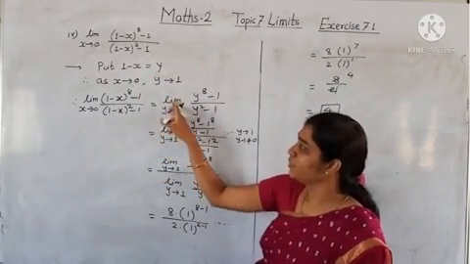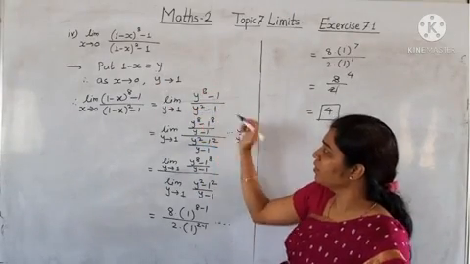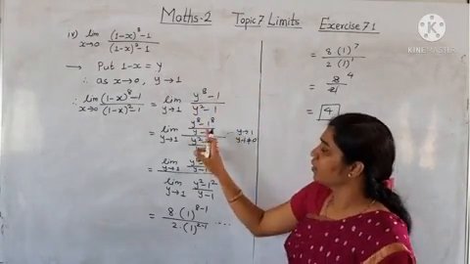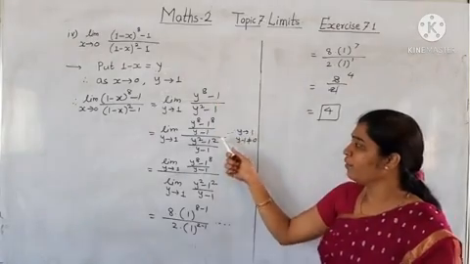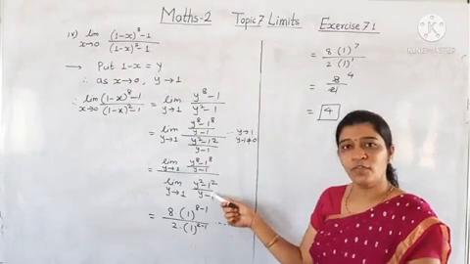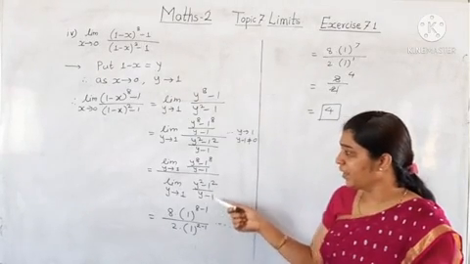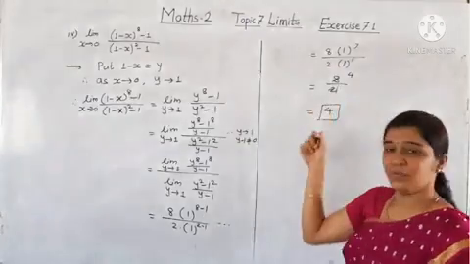So the new limit is limit y tends to 1, y raised to 8 minus 1 upon y squared minus 1. Now we divide by y minus 1 and get it in the form of x raised to n minus a raised to n upon x minus a. Apply the formula and simplify.